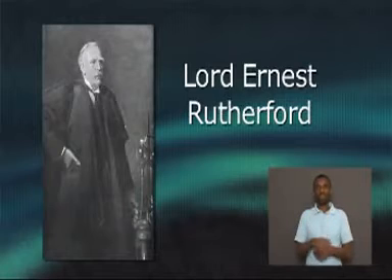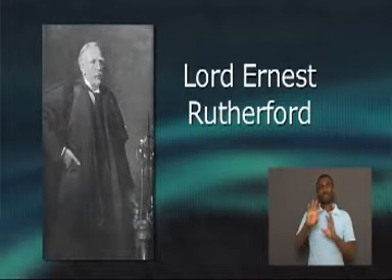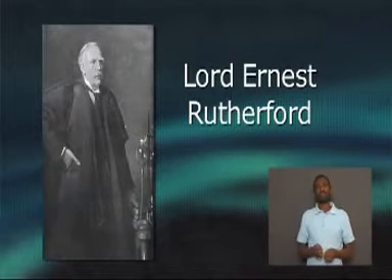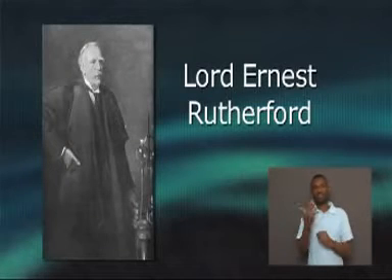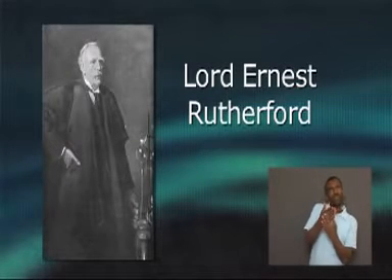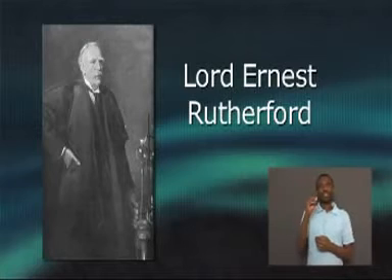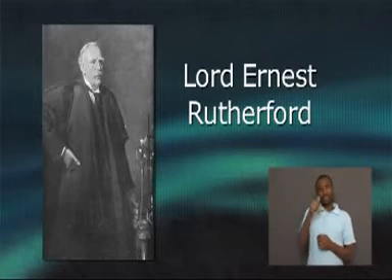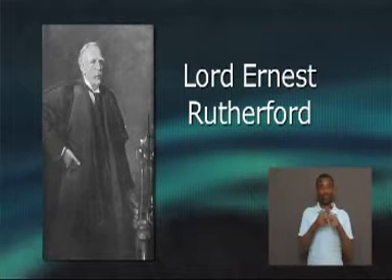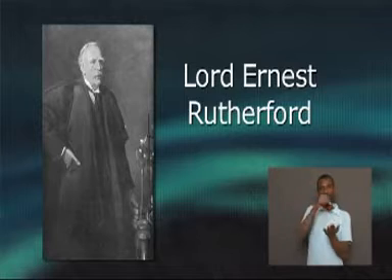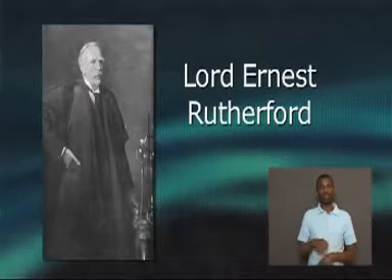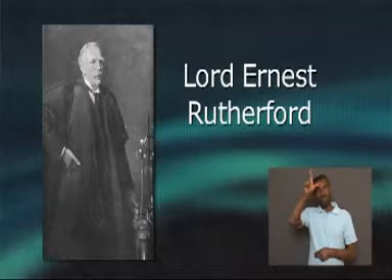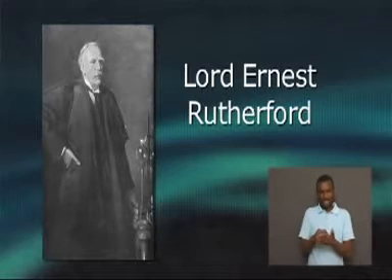Before the 20th century, there had been many models of the atom. Between 1909 and 1911, a man who is often called the father of nuclear physics, Lord Ernest Rutherford, introduced a new model named the Rutherford model.